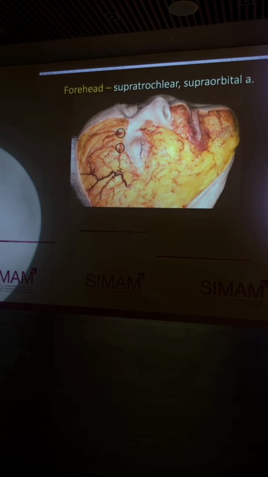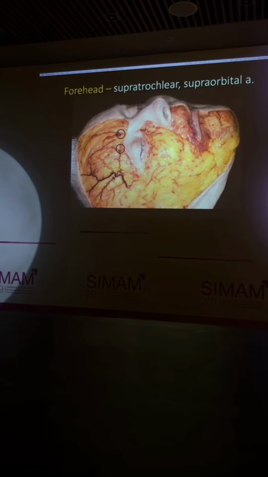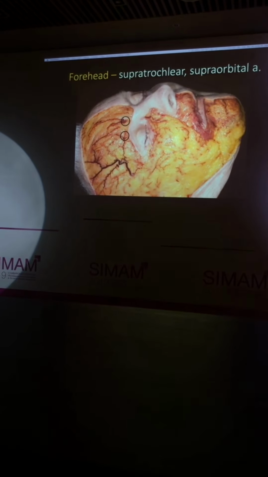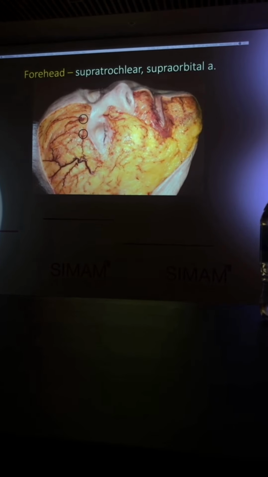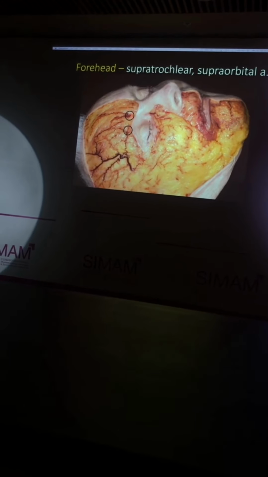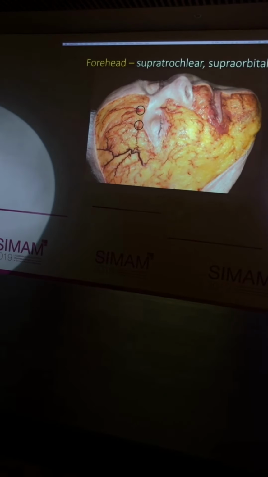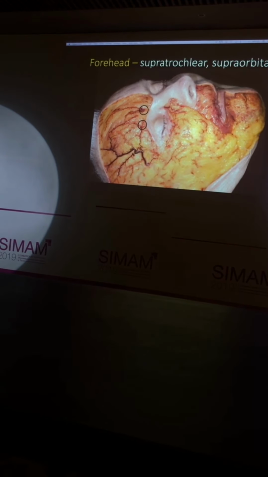And also, when we talk about the forehead, we have to think of the supratrochlear and supraorbital branches, so arteries, veins, and nerves. We see that the supratrochlear and supraorbital arteries travel in the subcutaneous layer, right?